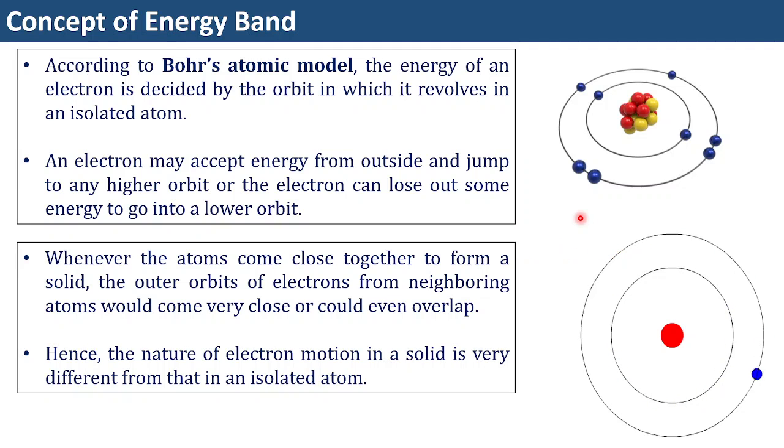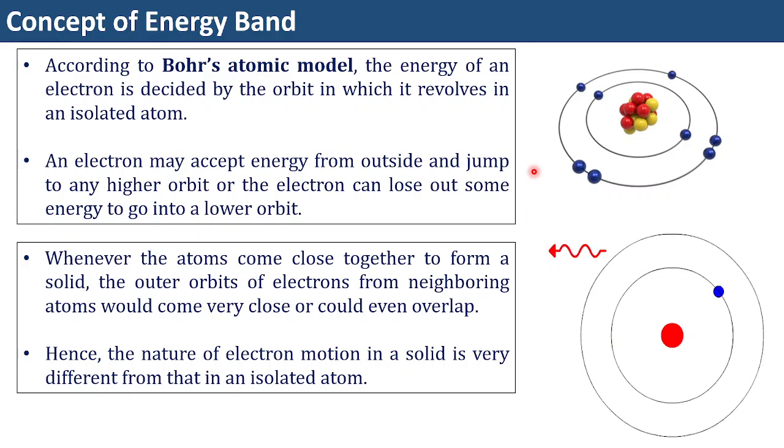That is why it is called a discrete energy level. For example, you can see there are no orbits in between, so there are no electronic energy levels in between these two. An electron can either occupy a space in this orbit, or it can occupy a space in this orbit. It cannot be somewhere in the middle.